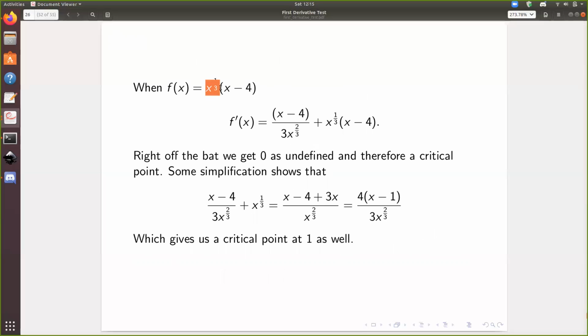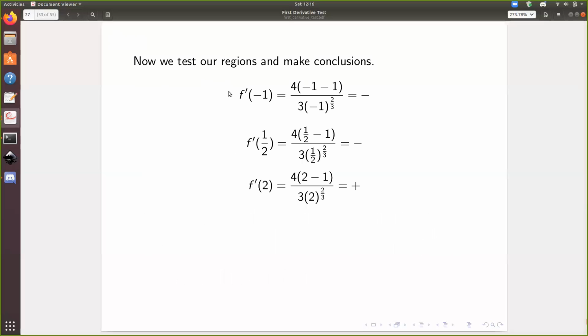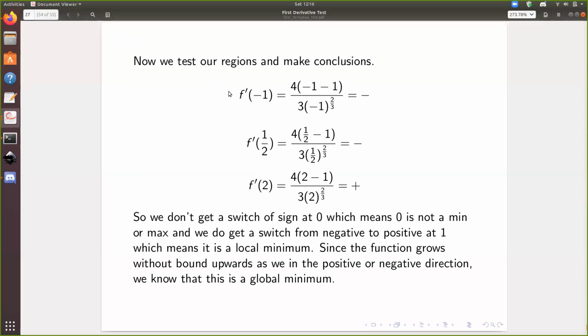The x to the 1/3 is going to be positive, and this x minus 4 is going to be positive. Plug in big negative numbers. We get a negative number here times a negative number here. It's still positive. So as we shoot off to the left and right, the function gets really, really big in every direction. So this local minimum is actually a global minimum.